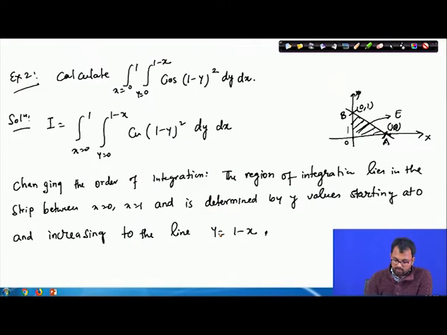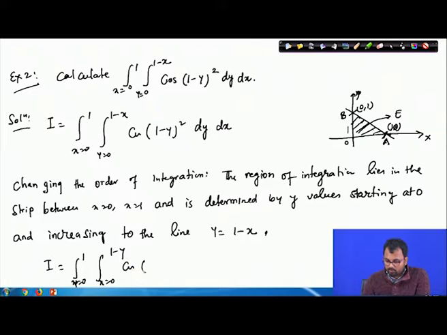So changing the order of integration, our I will be the integral with y running from 0 to 1, and x running from 0 to 1 minus y, because the integrand remains the same, it's just that we have changed the order. Since here we don't have two sub regions like a parabola and a straight line, here we just have this straight line and the usual coordinate axes, so it's very easy to calculate the range for x and the range for y.